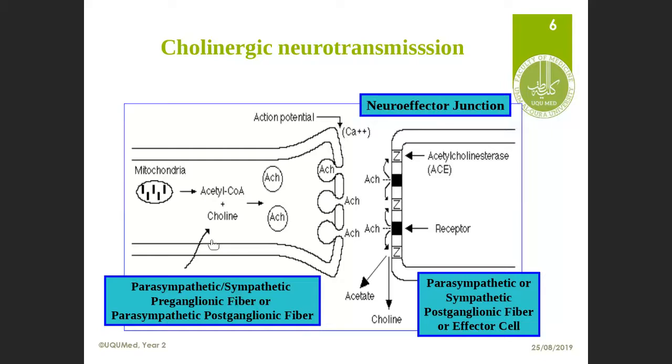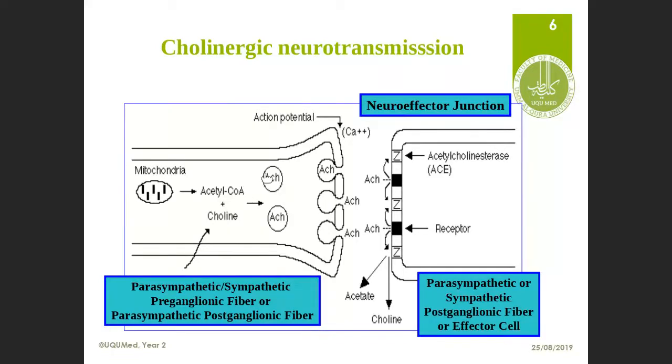So when there is synthesis of acetylcholine, there is an action potential, or you can say nerve stimulation. It will cause an influx of calcium, and then acetyl CoA, from the mitochondria, is released, and choline from outside of the nerve makes a complex with the enzyme and produces acetylcholine.